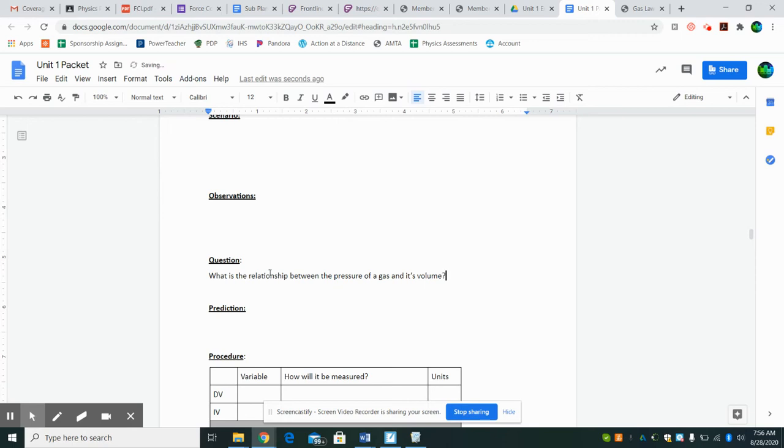That is the question. You will then write a prediction there as best as you possibly can. Maybe you want to do it in words, maybe in terms of a graph, something like that, but a prediction should be had.